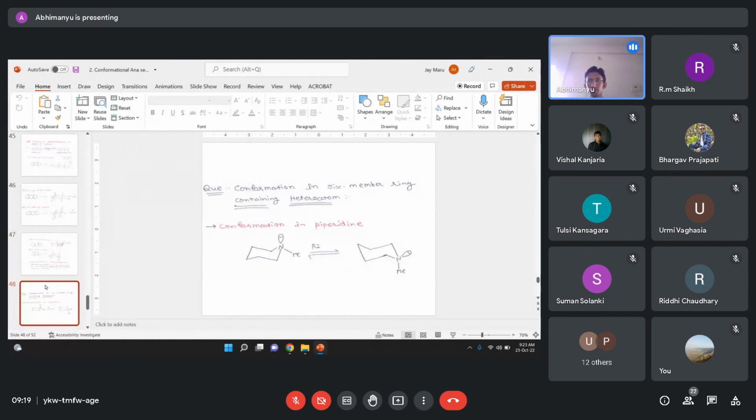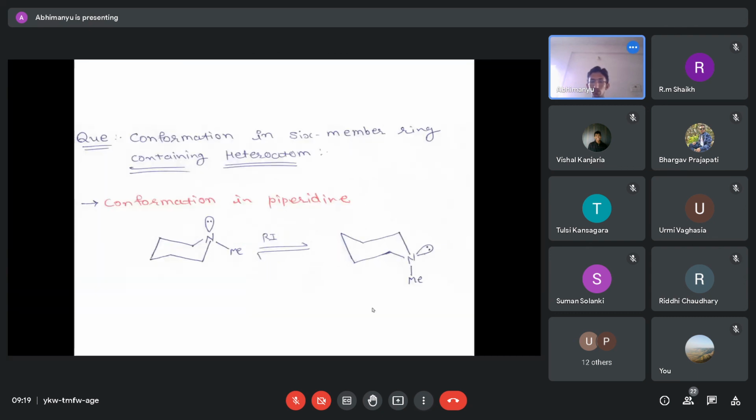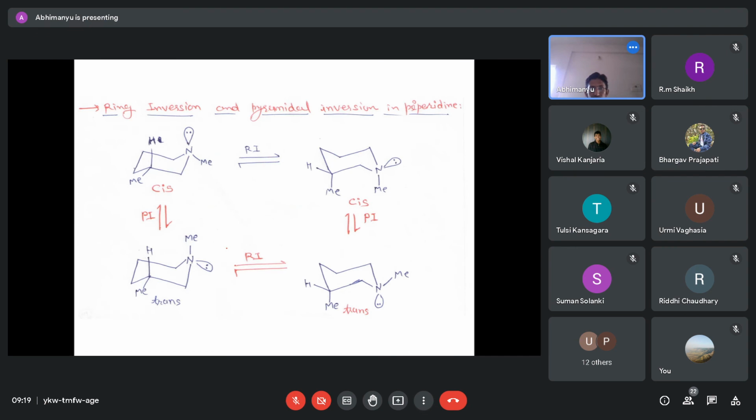And the last topic, which was once asked as a question: conformations in a six-membered ring containing a heteroatom. What are the conformations with a heteroatom, either nitrogen or oxygen? When it is nitrogen, there are two possibilities. One is ring flipping, the ring inversion, where the ring that was up goes down.